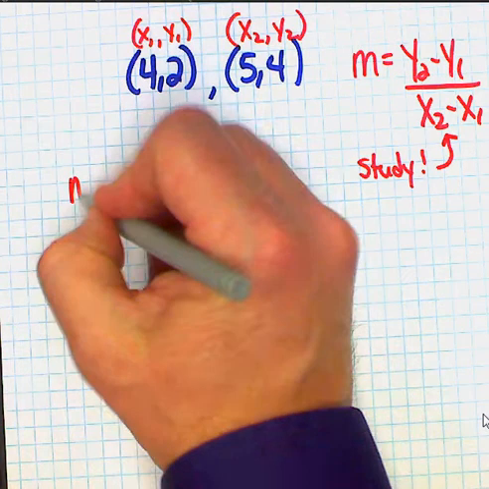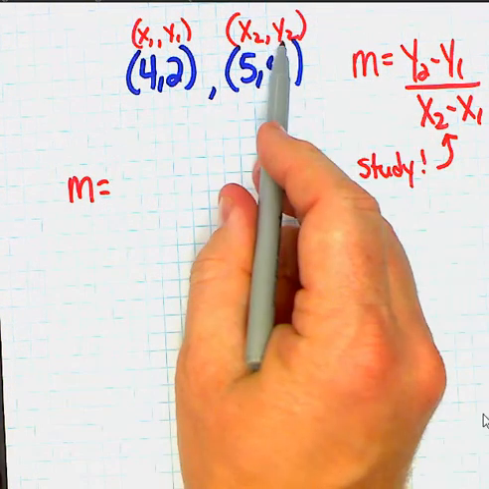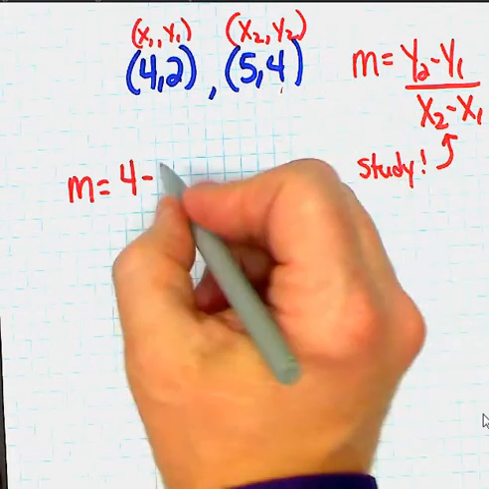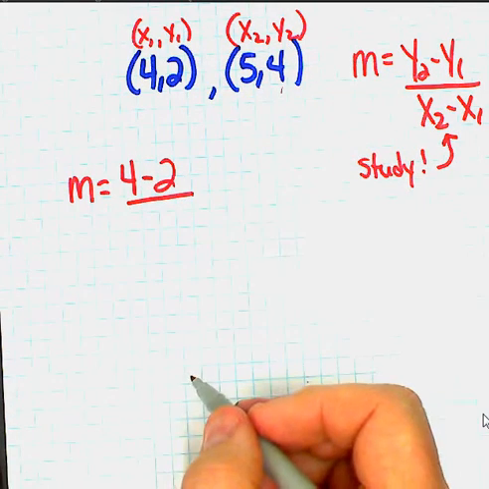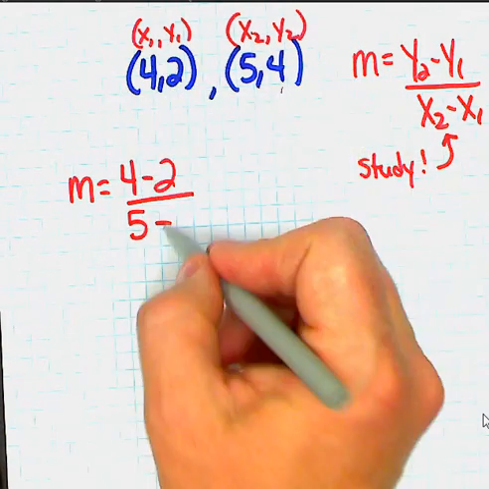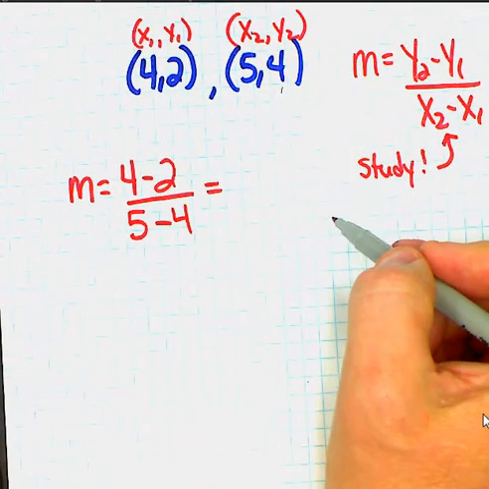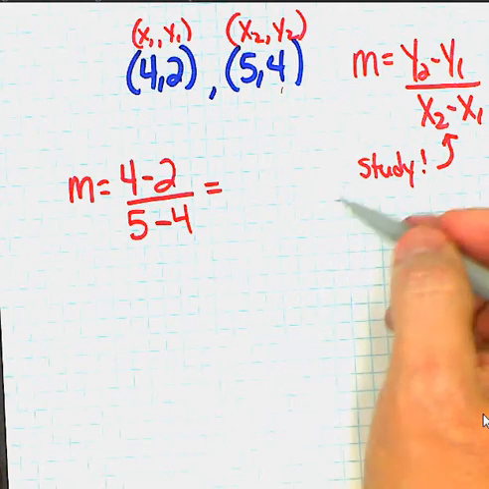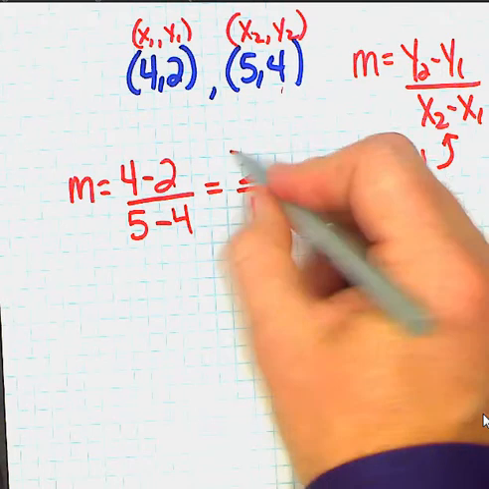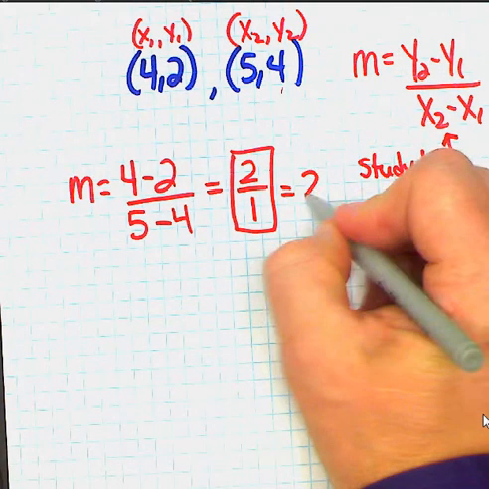M equals my y2, which is going to be my 4, minus my y1, which is going to be 2, divided by my x2, which is going to be 5, minus my x1, which is going to be 4. 4 minus 2? 2. 5 minus 4? 1. So my slope is 2 over 1 or 2.